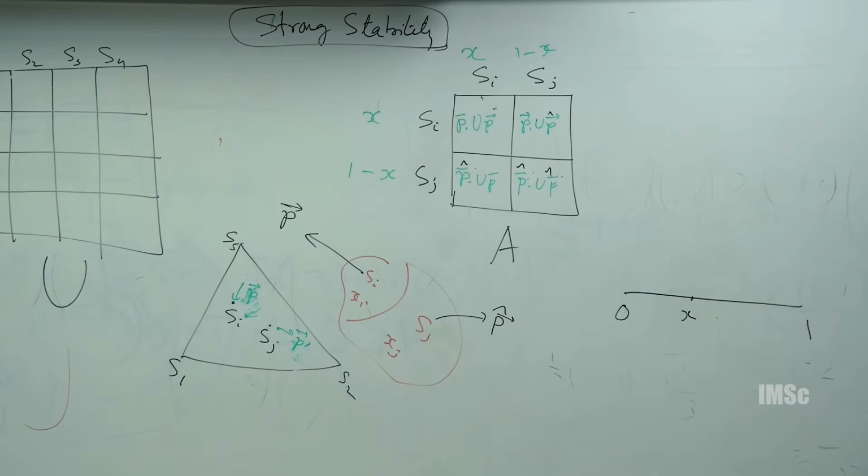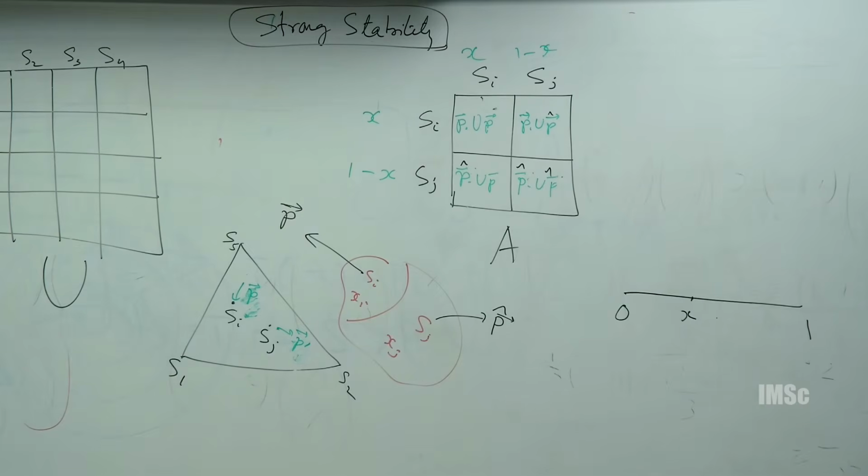If I perturb myself a little bit away from x equal to 0 and I go back towards x equal to 0, that means my population of Sj is evolutionarily stable. So, I have to show now that x equal to 0 is actually a stable fixed point, and see when that follows.